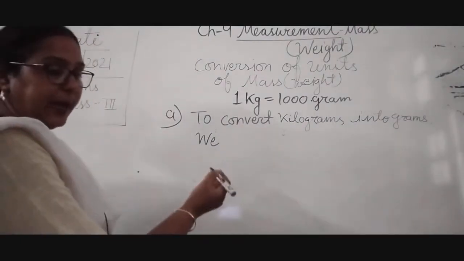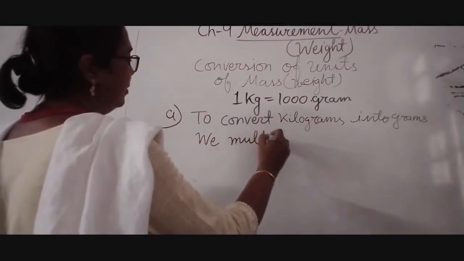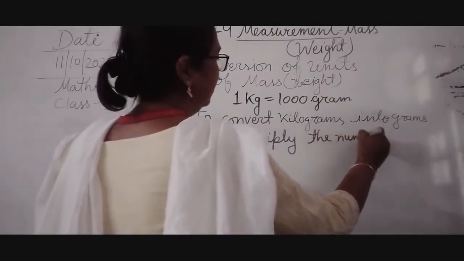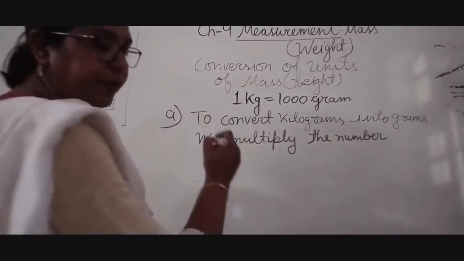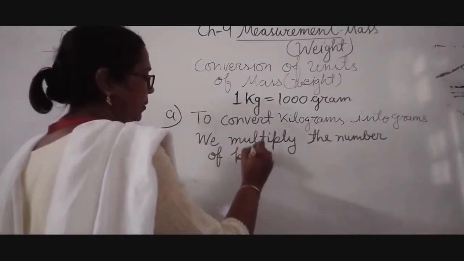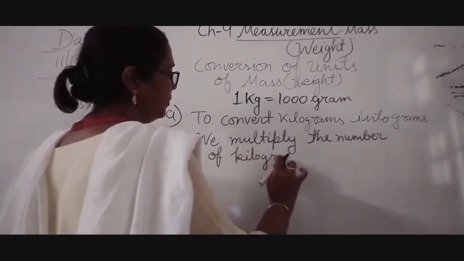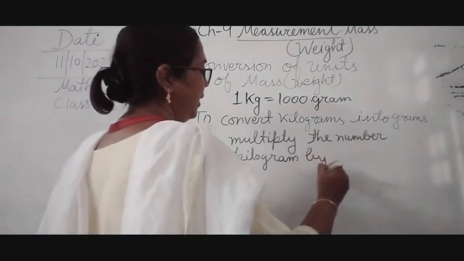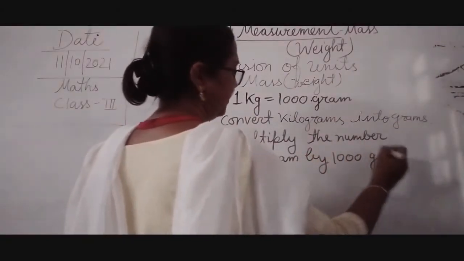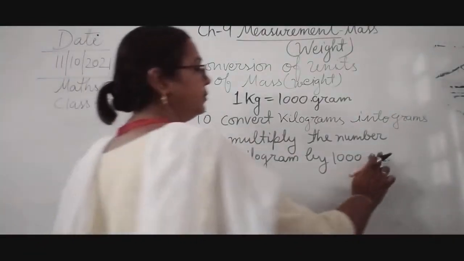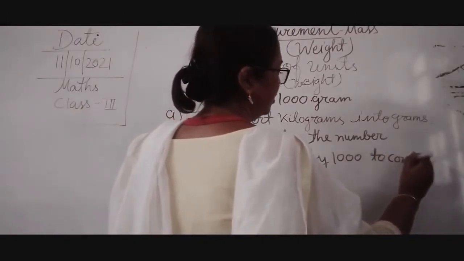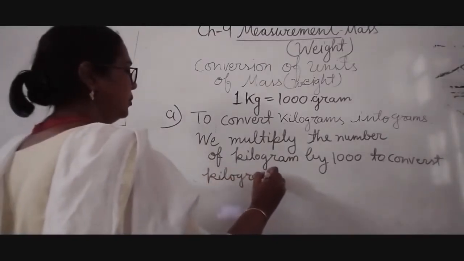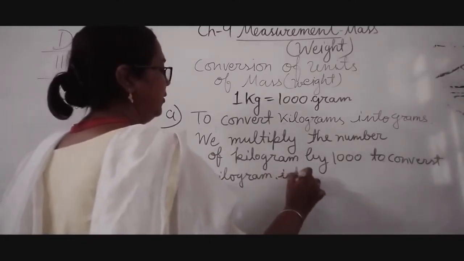We will multiply the number of kilograms by 1000 to get grams.